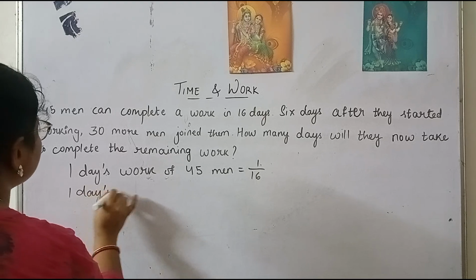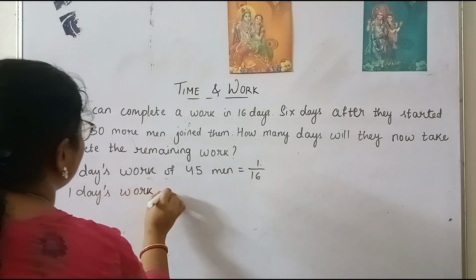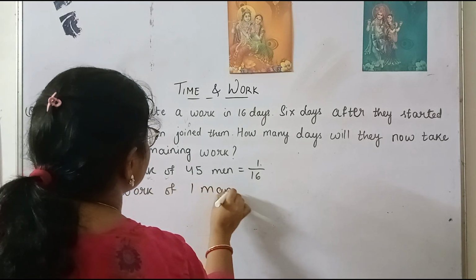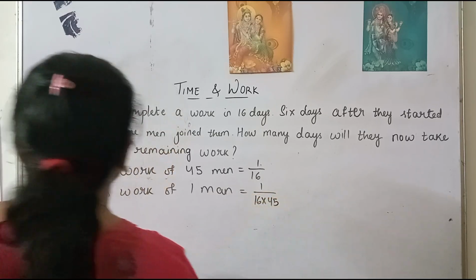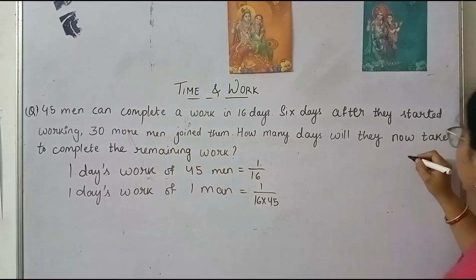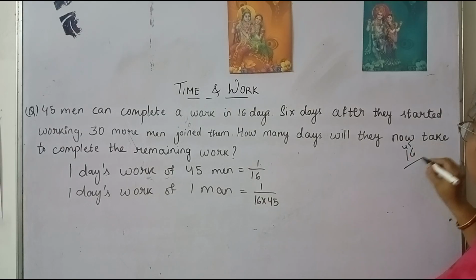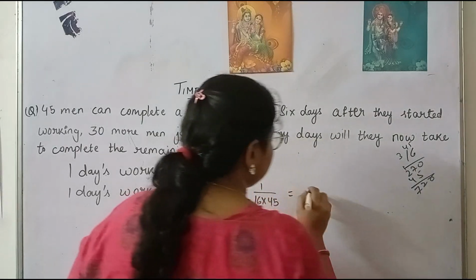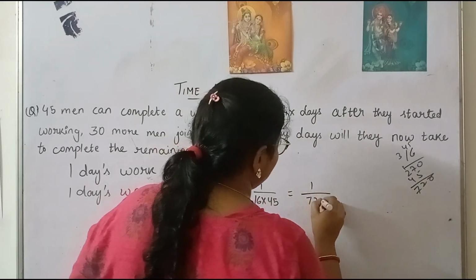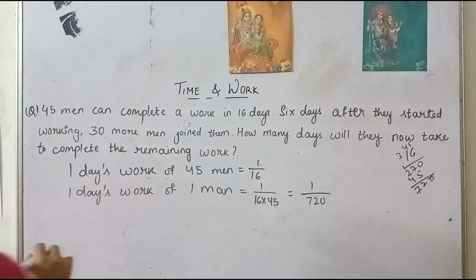Then 1 day's work of 1 man will be 1/(60 into 45). Let's multiply: 60 times 45 is 2700. Right? 1 day's work of 1 man is 1/2700.